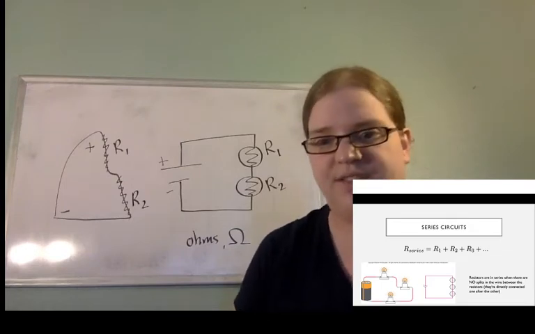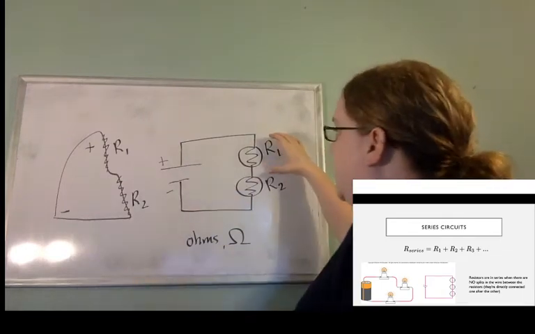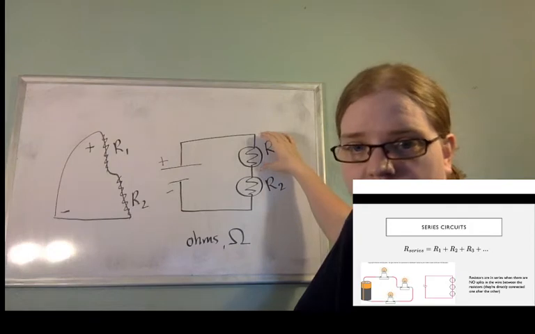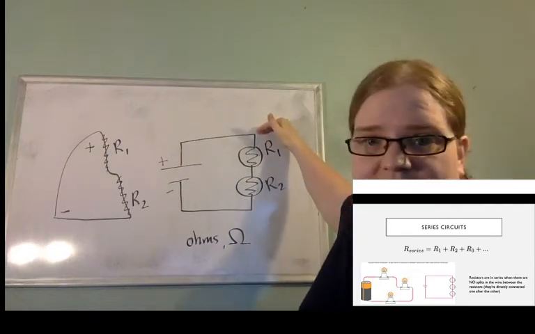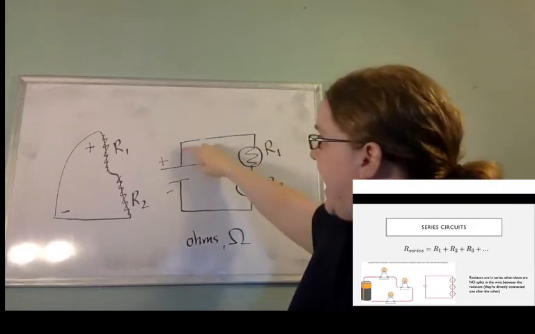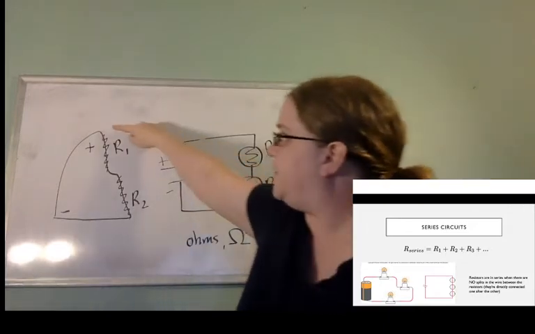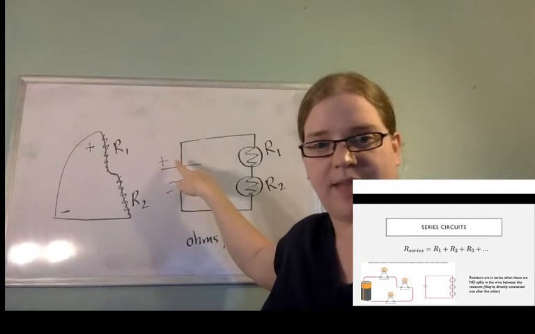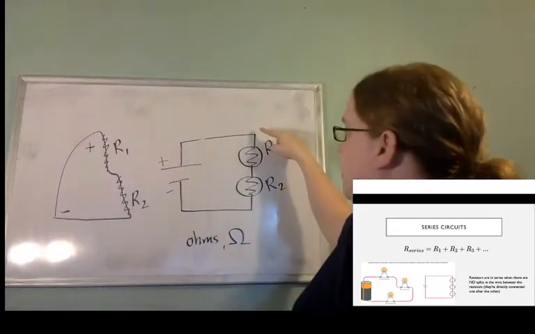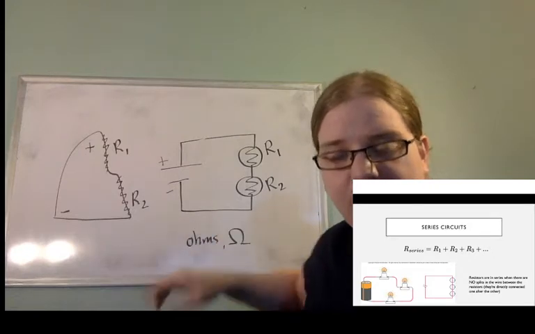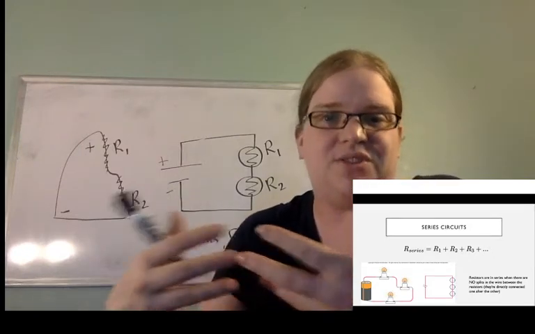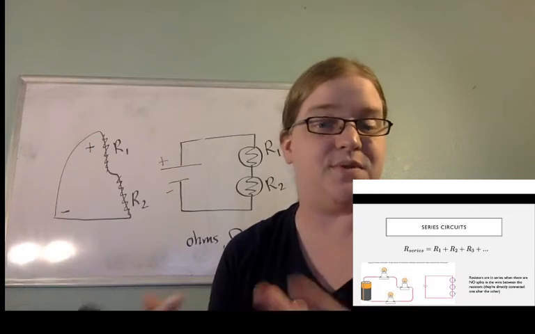In other words, we lose some energy across R1 and then the rest of it across R2. So at the top of the circuit here, we match our biggest potential value at the top of the hill. And then we go downhill a bit, downhill the rest, now we're at the bottom of the hill. But it's like going downhill in 2 steps instead of 1 because we have 2 resistors.